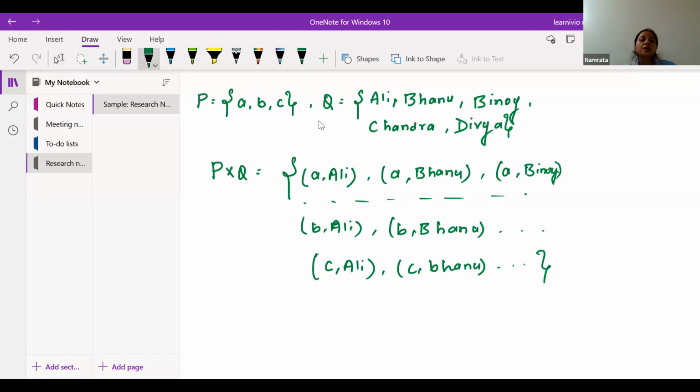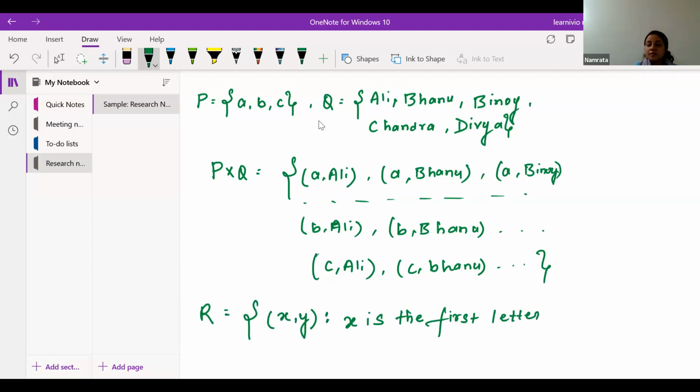Suppose our relation R is the set of all ordered pairs (X, Y) such that X is the first letter of the name Y, where X belongs to P and Y belongs to Q.